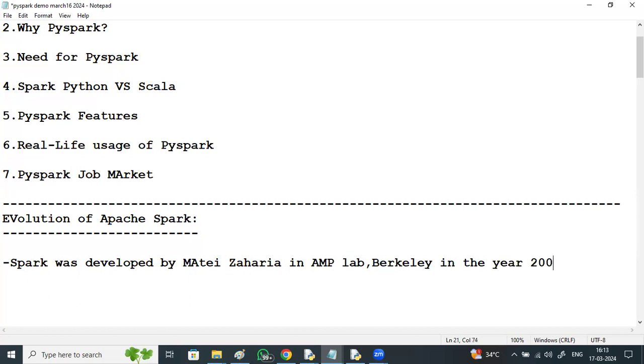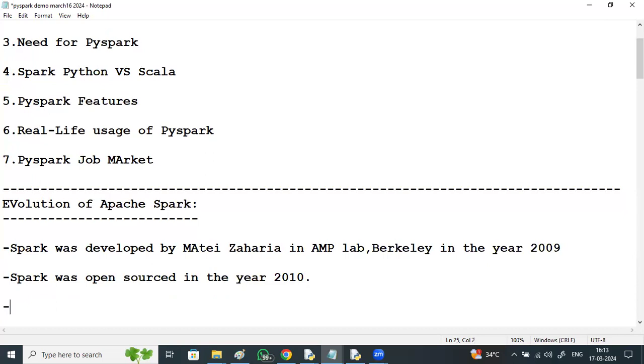It was introduced in 2009, but Spark was open sourced in the year 2010, right?